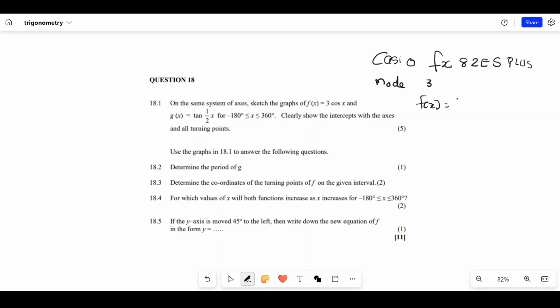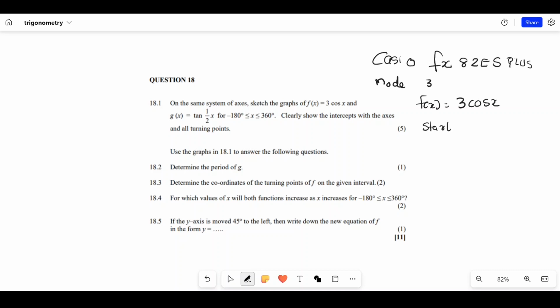In here you enter 3 cos x. I hope you all know how to enter x in the calculator. You press alpha and the bracket button. Then you press the equal sign.